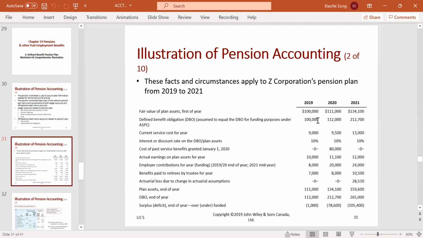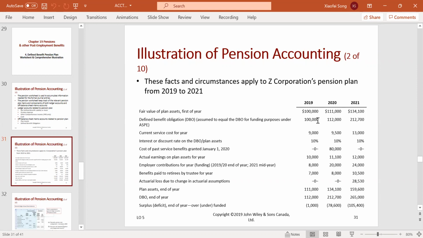So what's on the balance sheet? Nothing. Both are 100,000. They are the same. So what's the difference? Zero. So nothing on the balance sheet.